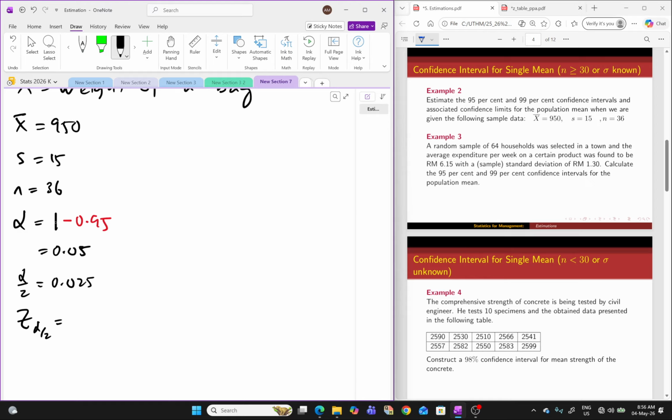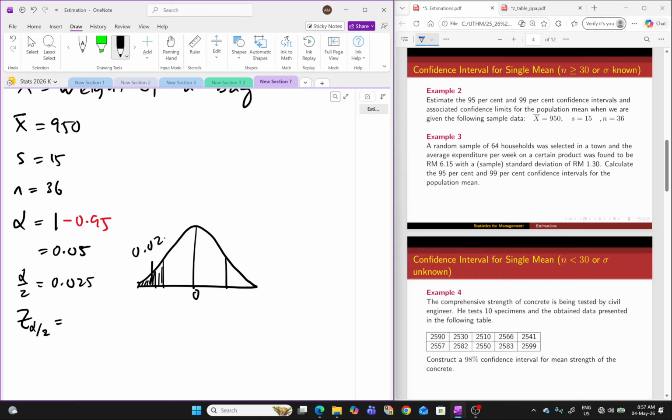Alpha is 1 minus 0.95, you get this one, divide by 2, you get this one. Now Z alpha over 2, alpha over 2 is here, small. So now what is this actually? You put a bell shape. 0.025 is here on the 2 tail.